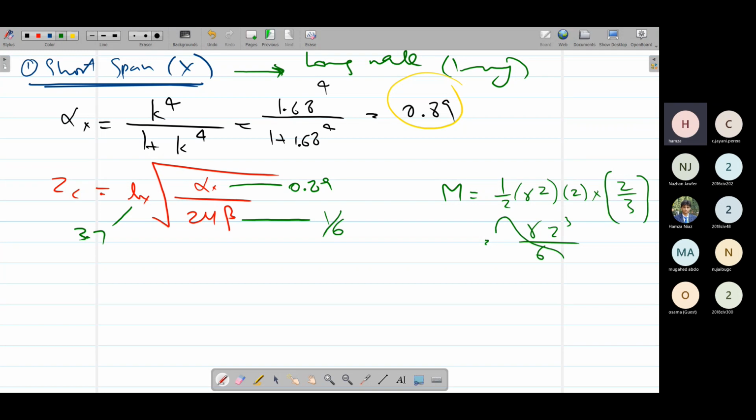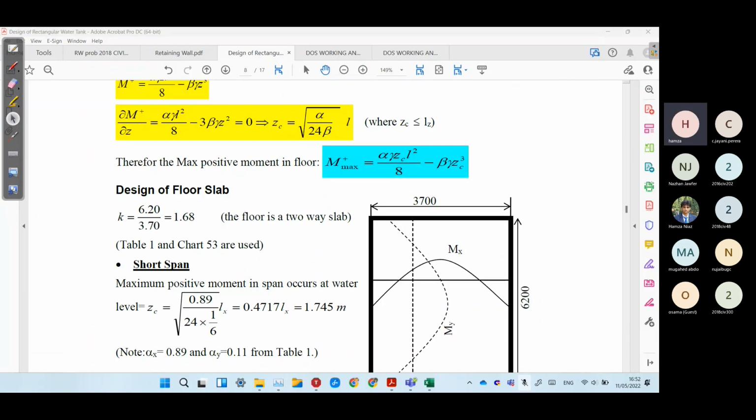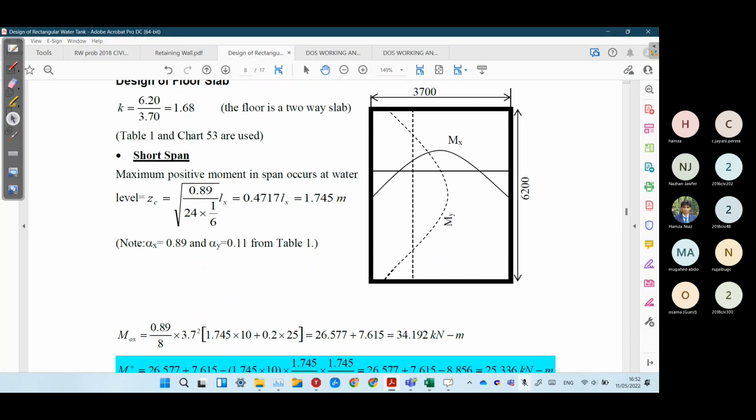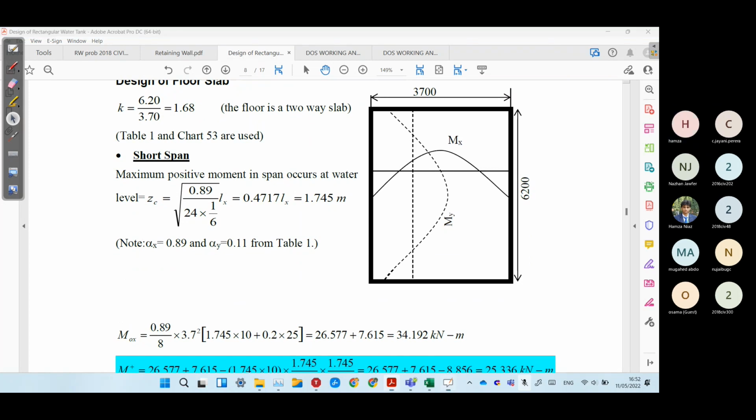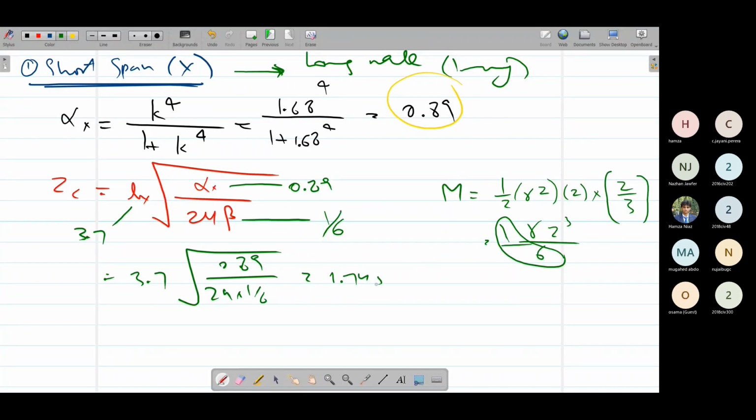So we are using beta as 1 over 6 here. So 3.7 times the square root of 0.89 over 24 into 1 by 6. The answer is 1.745 meters. So that means the critical depth of water for the tank is 1.745 meters.